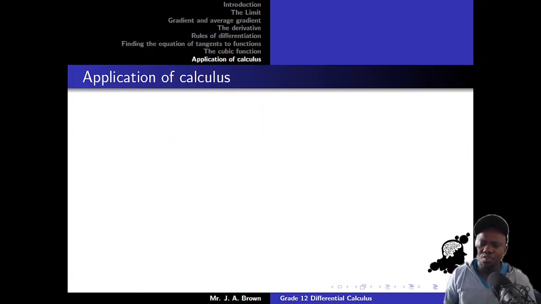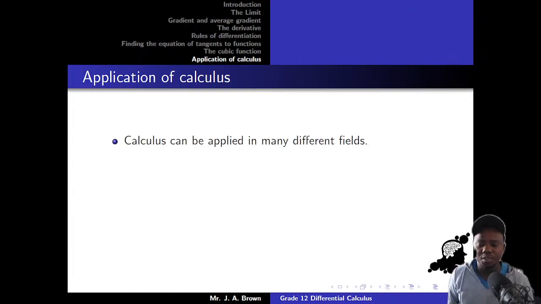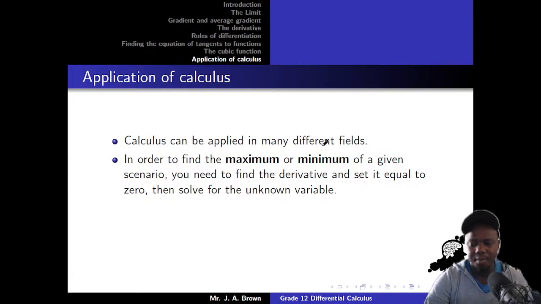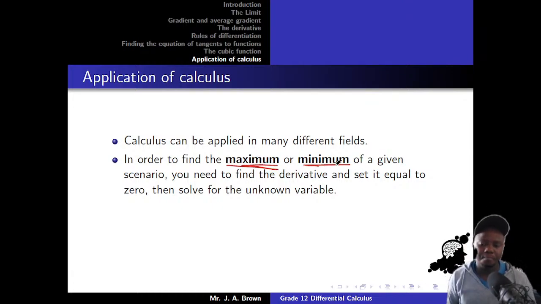Our last section for today, unfortunately due to time constraints, is the application of calculus, optimization, and rates of change. As we've mentioned, we can apply calculus to many different fields: finance, economics, science, and many other branches, even statistics. Now, in order to find the maximum or minimum of a given scenario, you need to pay attention to the keywords: maximum, minimum, highest, lowest.